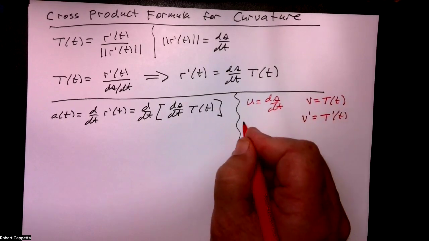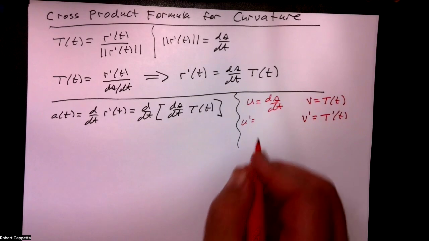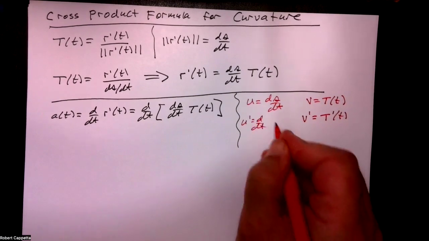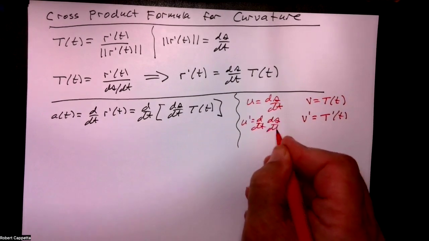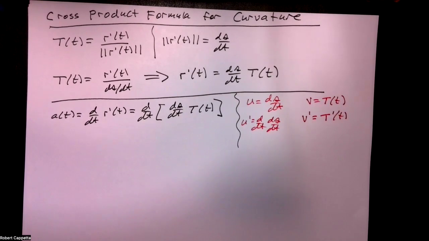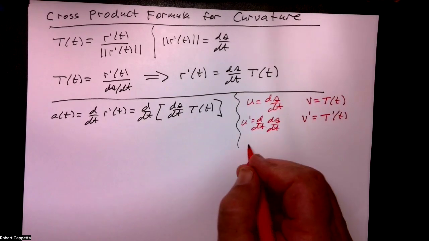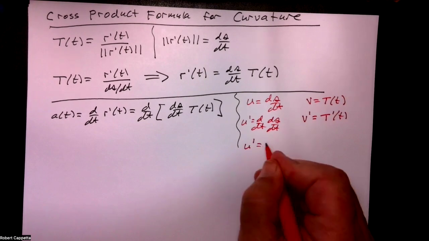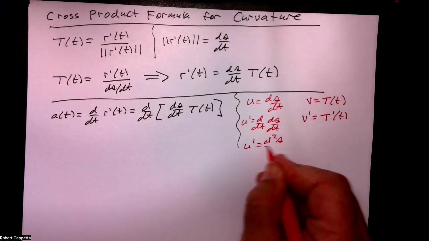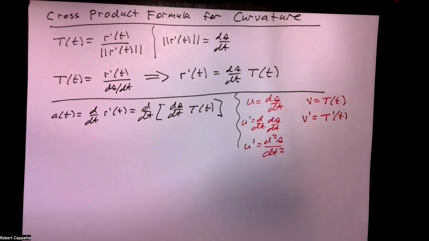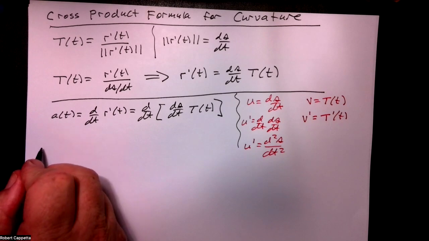Now, how about u prime? That is the derivative with respect to t of ds/dt. The derivative of the derivative is the second derivative. So u prime is d2s/dt squared. So putting that together, then, what is my acceleration of t going to be?